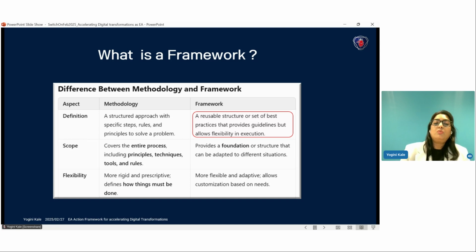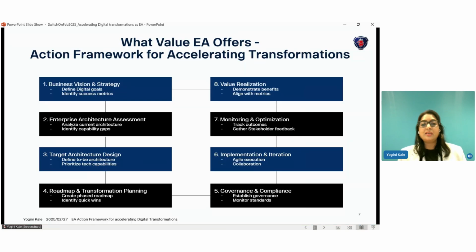So you can always use this framework that I will be proposing to you now to build methodologies within your organizations for your specific context. But when you look at this framework, just look at it as a high level view of guidance of what actions you can take at each stage of transformation within your organization.